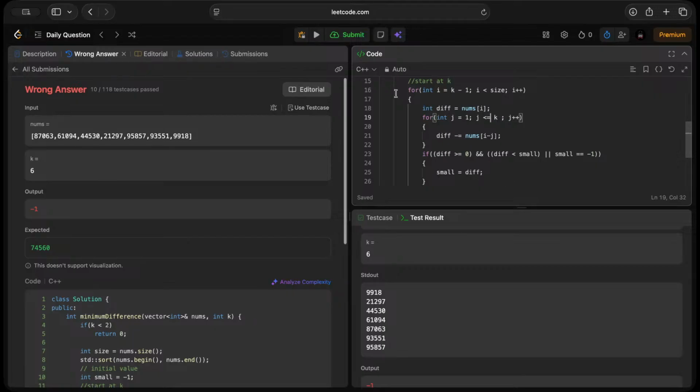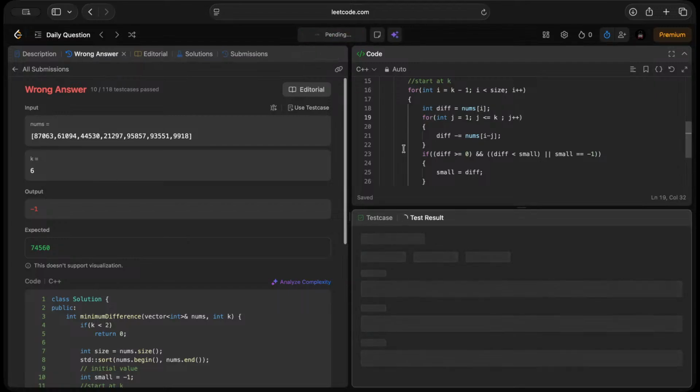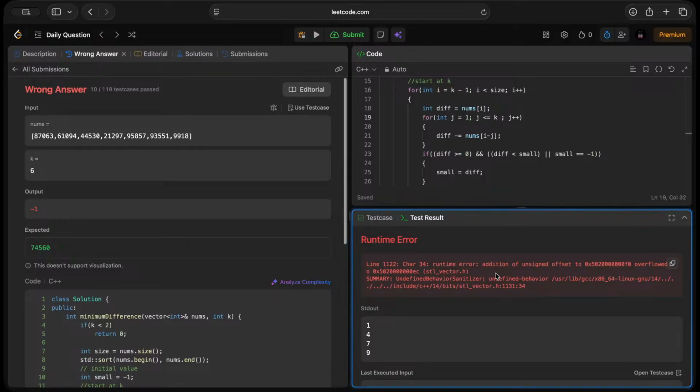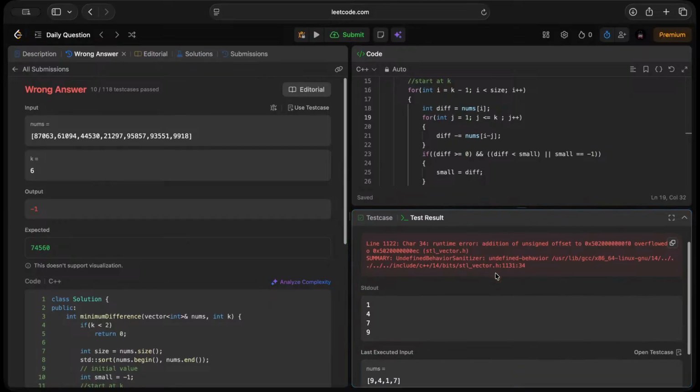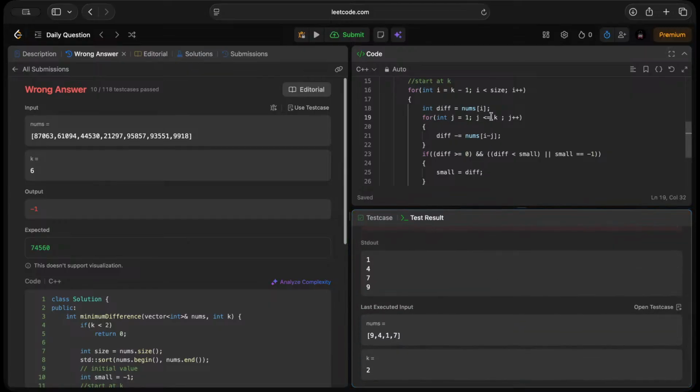Is that because that needs to be equal? No, that's not an equal.